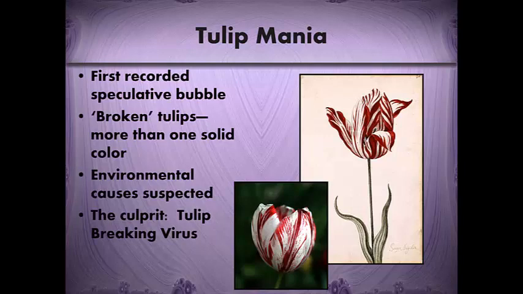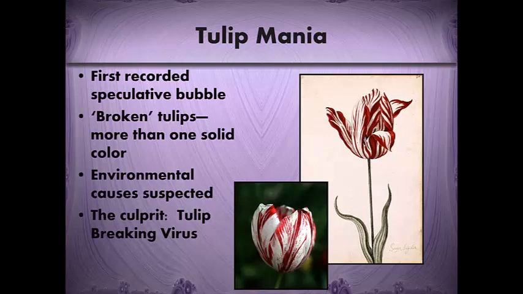Now, the reason why this caused this big speculative bubble economically is that people were paying huge prices for these tulips. They were paying what would basically be the equivalent of 10 years worth of an average worker's pay. So, exorbitant prices for these things.